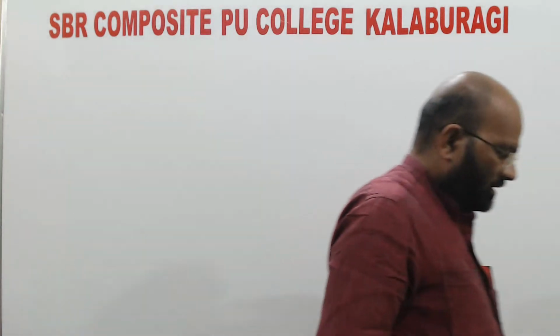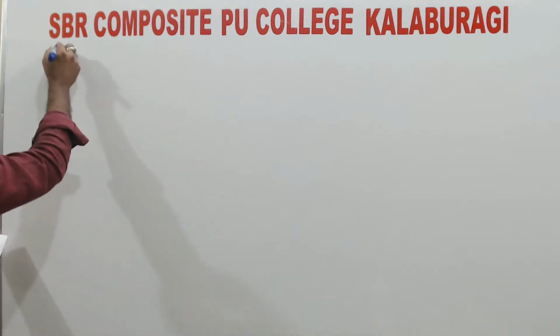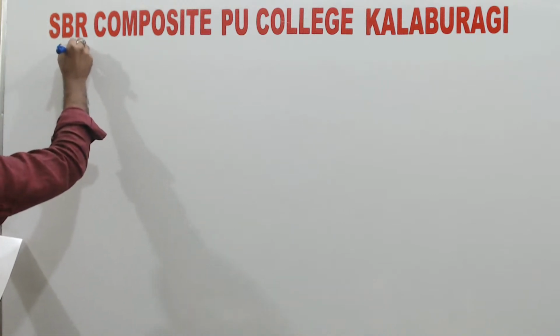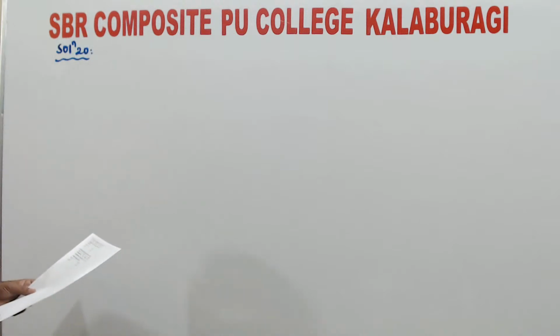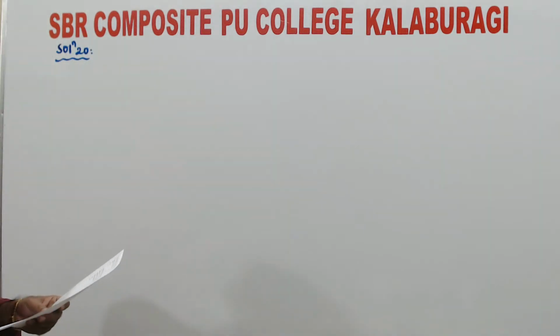As in the morning session, a doubt was asked about questions number 19 and 20. You see, question number 20 is so important. Solution for the 20th question: a black body radiates energy at the rate of E watt per meter square at a high temperature of T Kelvin.